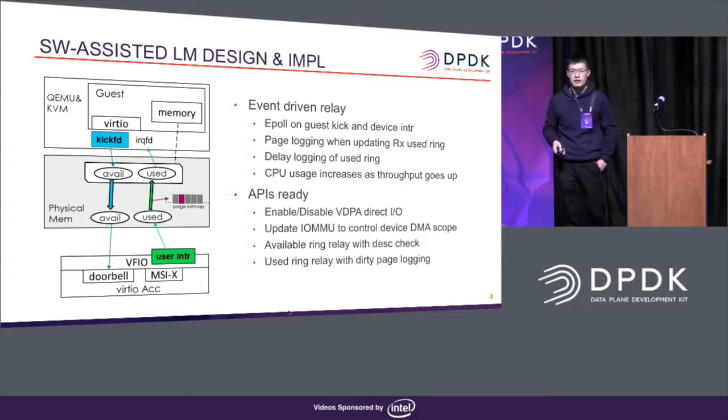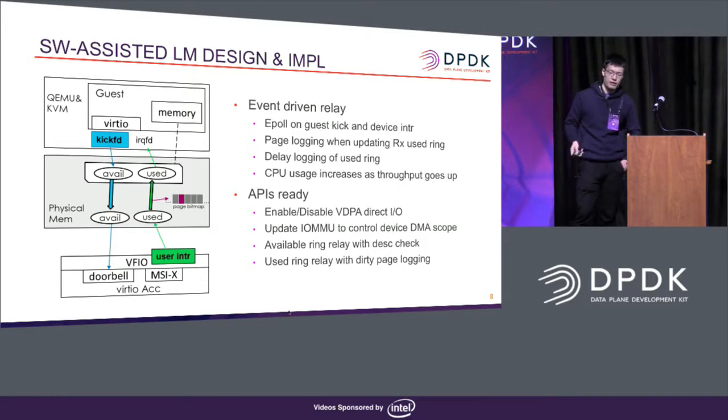If this event is a guest driver kick, the relay thread will copy the available ring from the guest to the intermediate layer, and then relay the kick onto the device doorbell registers. If this event is a device interrupt, the relay thread will copy the used ring to the used ring in the guest and inject an interrupt into the guest.